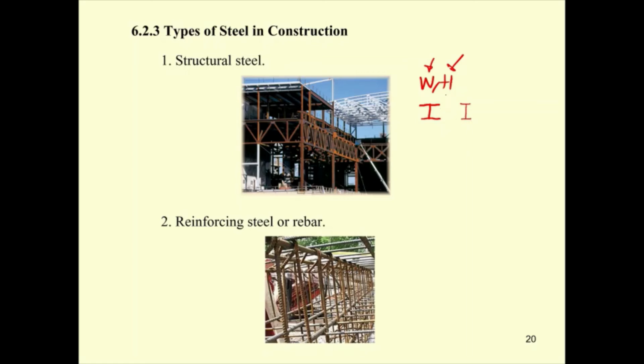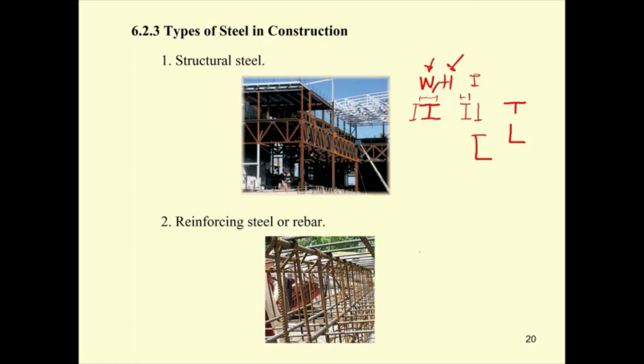W and H have the width equal to the depth, but for the I, the width is smaller than the depth. This is the I. Sometimes you may have other sections such as the T, the L, the C. That is going to be the structural steel.